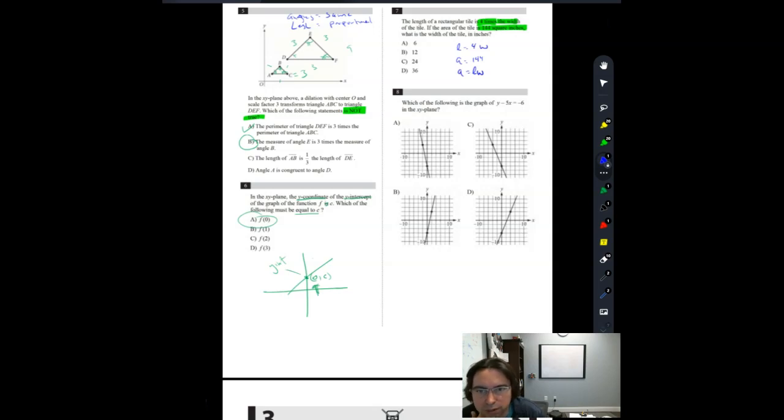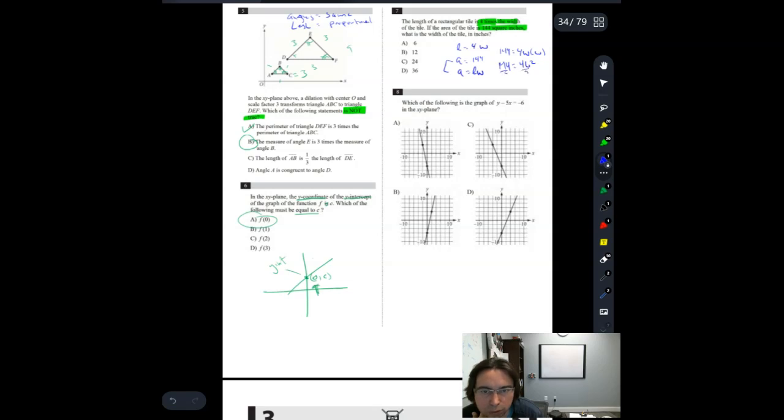Bridging between these terms, we can set it up as 144 equals L times W, and we know L is 4W, and the width is just W, right? So now we have 144 equals 4W squared.